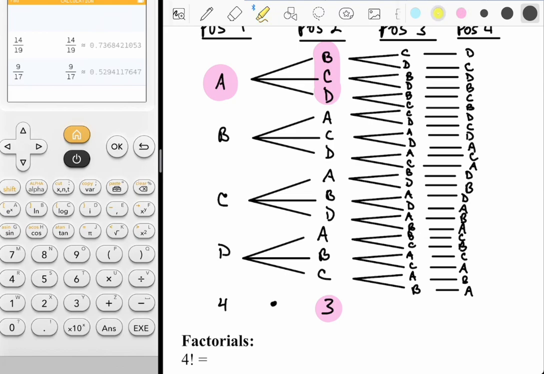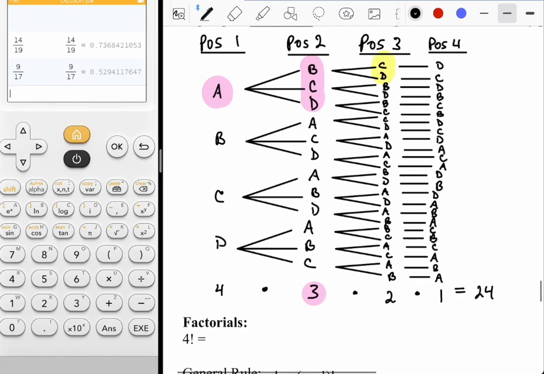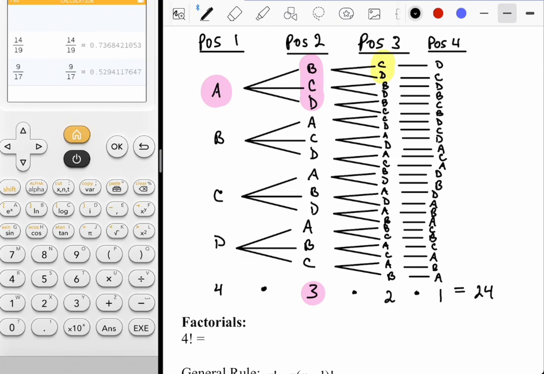Depending on who was selected for the first 2 positions, we only had 2 folks left over for the third position, and only 1 individual left over for the last position. All right. This gets at the idea of multiplication, and we end up with the result of 24, which is great. 24 possible outcomes. Would have loved to have been able to do that a little quicker.